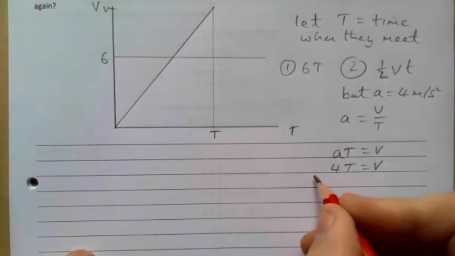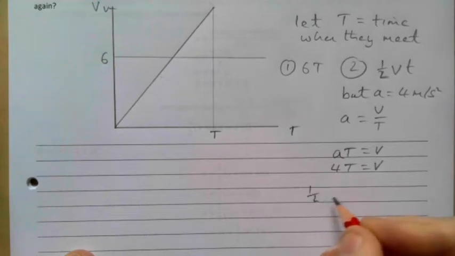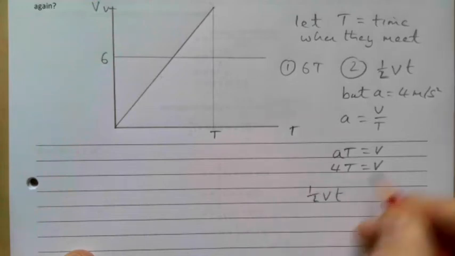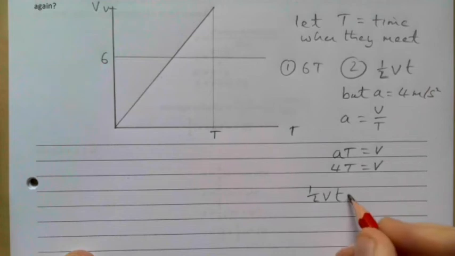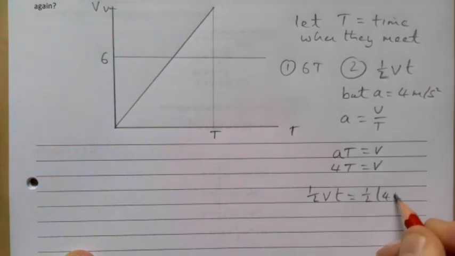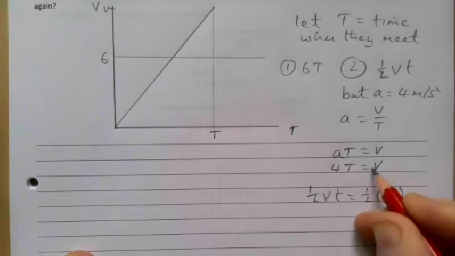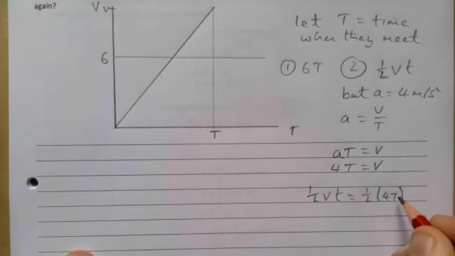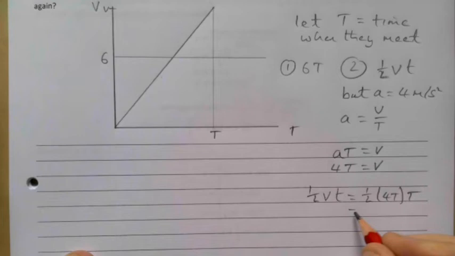4t equals v. So that means that a half vt, which we've written up here, is actually the same as a half times 4t times t. So that's equal then to 2t squared.